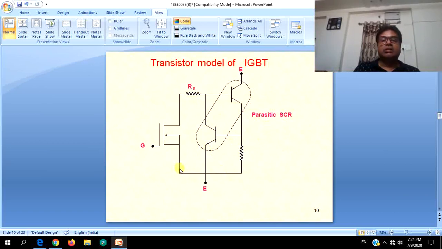So the triggering or the starting of this IGBT should be such that there will not be any cumulative action taking place between these two transistors. If that happens, SCR conduction takes place, and IGBT will not be actually working satisfactorily. So this is the equivalent transistor model.